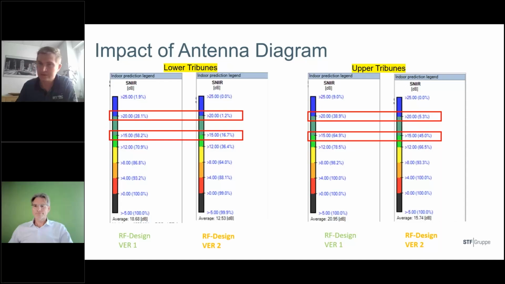We look at the SNR distribution as shown here, for example, design version 1, design version 2. Design version 1, prediction says above 20 decibels, it would be 5% of predicted points. And design version 2 says it would be 38% of the predicted points above 20.